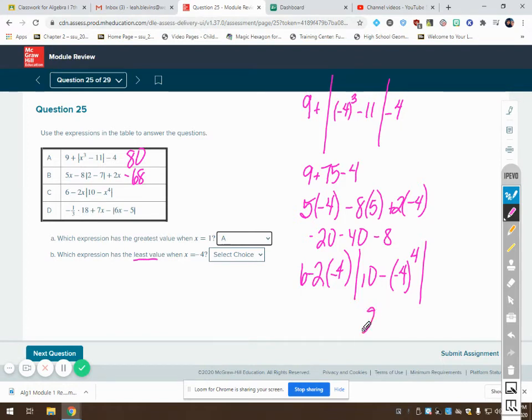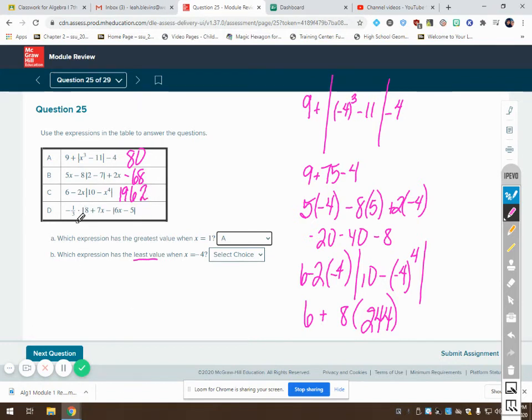So when I take the absolute value, I get a positive 244. So 6 plus 8 times 244. Negative times negative makes it a positive. So I'm going to get a pretty big number right here. And then when I do 6 plus that number, I get 1,962. Now that's looking like a possible number.